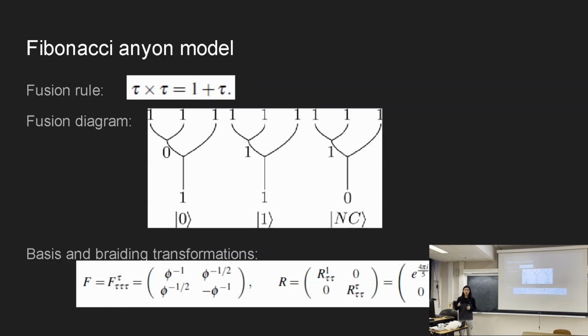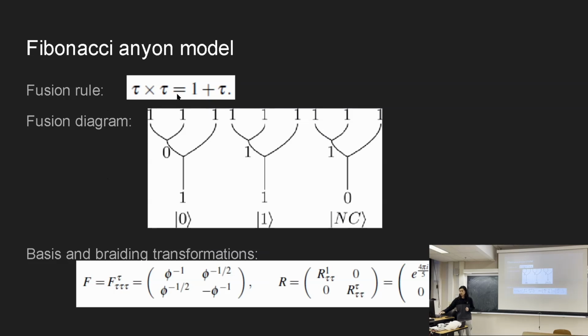There's the vacuum state and one type of anyon, which is tau here, and there's one fusion rule. So fusing tau and tau, you can get either the vacuum state, so it's its own antiparticle, or you get another tau anyon. So now the qubit is represented by how the anyons fuse.